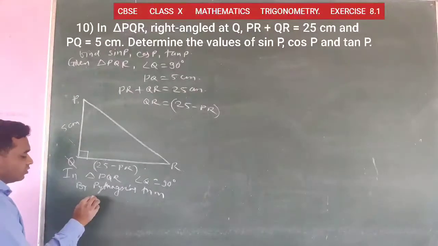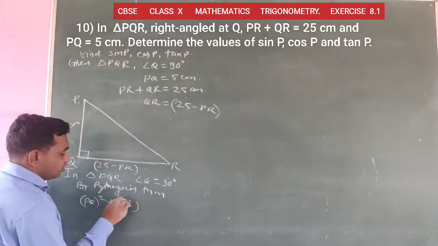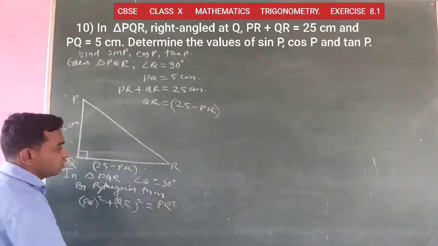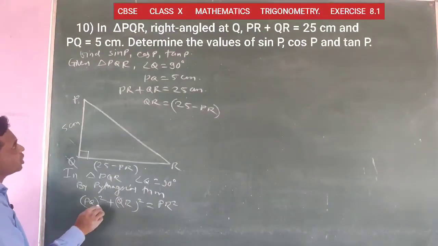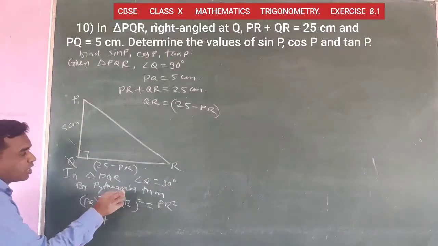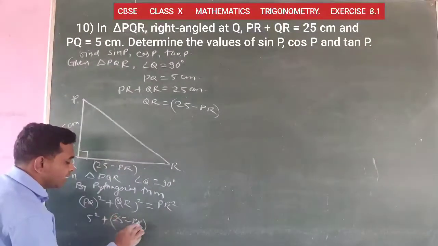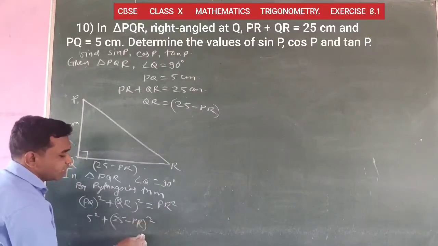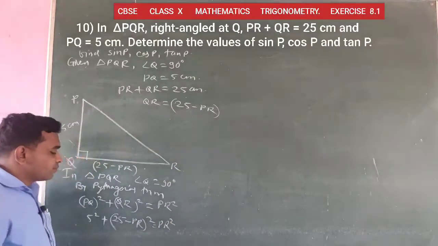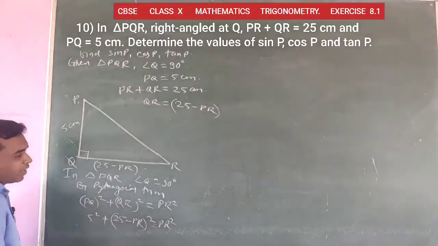PQ square plus QR square is equal to PR square. Just putting the values, PQ is equal to 5 square plus what is the value of QR in terms of PR, 25 minus PR bracket square, is equal to PR square as it is. Okay, so 5 square means 25.